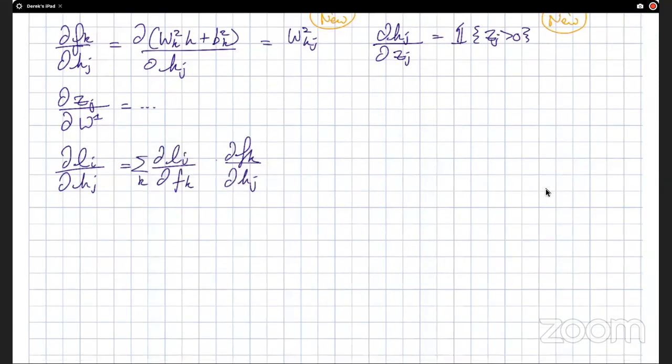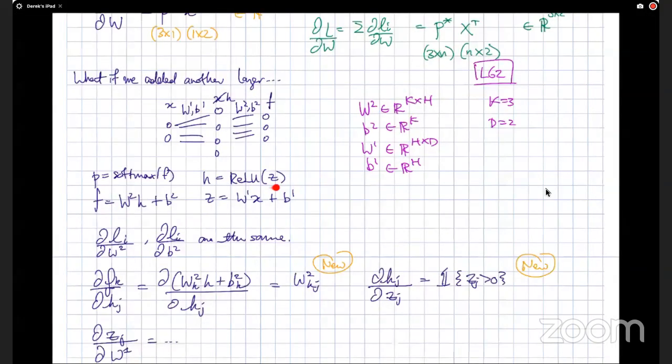Oh, there's a question. When we compute dfk over dhj, do we not have to account for the ReLU in the definition of h? So I've split it up. Where did I split it up? Here I cheated a little bit. So it's a little bit different from the assignment.